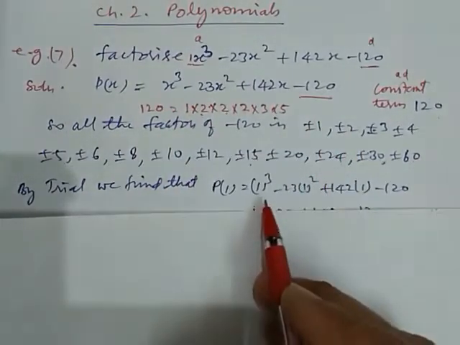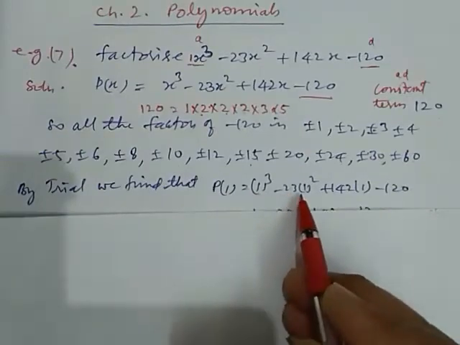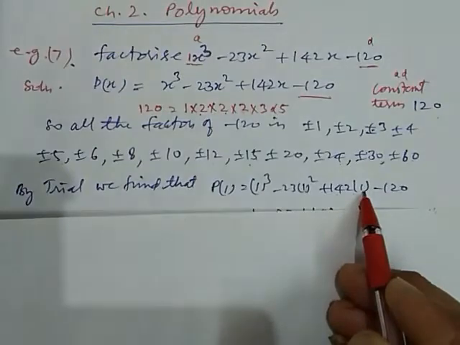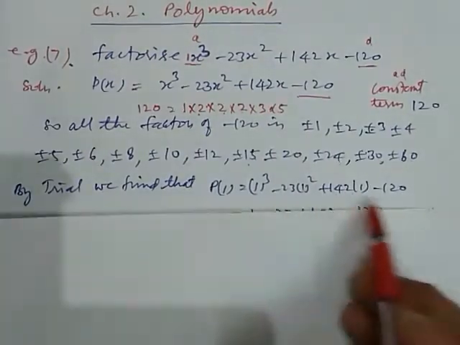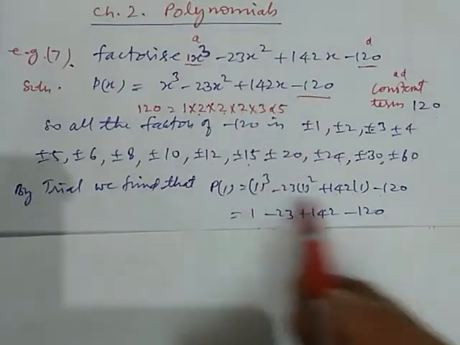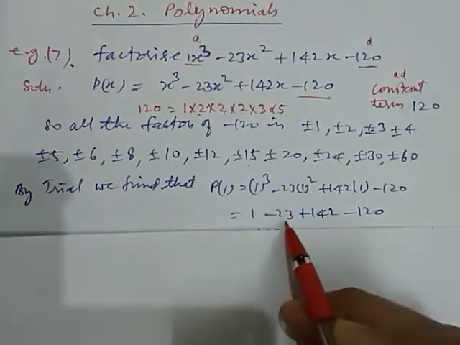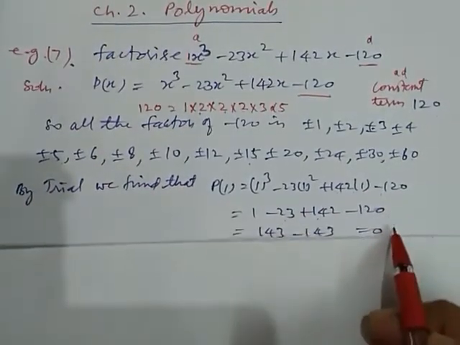By trial we find that p(1), when we put x equal to 1 in this polynomial, what happens? Here x equal to 1: 1 cube, 23 into 1 square, 142 into 1, minus 120. Now the value becomes 1, 23 into 1 is 23, 142 into 1 is 142, minus 120.